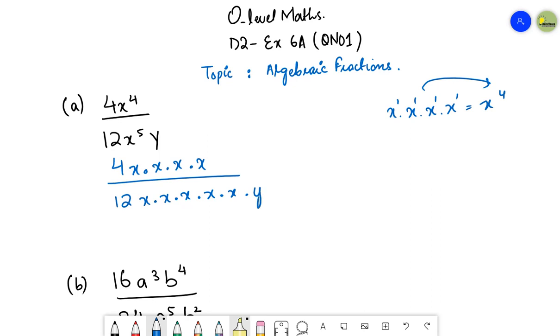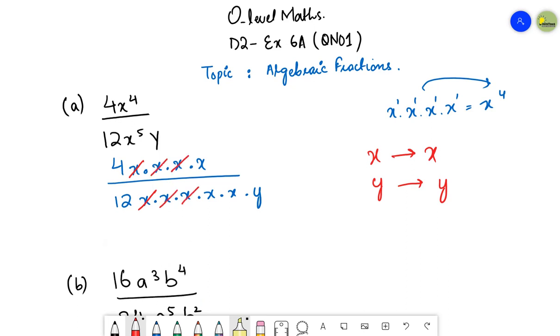Now, let's start cancelling the like variables. So, we know that like variables must be same. Like variables are x and x, y and y. The same variables are known as the like variables. So, you can cancel like variables one by one present in numerator and denominator, right? Let's start cancelling. X will be cancelled with 1 x. Again, this x will be cancelled with another x.